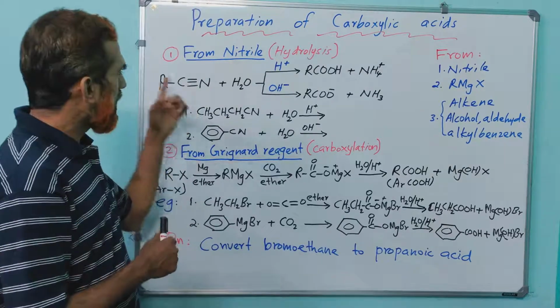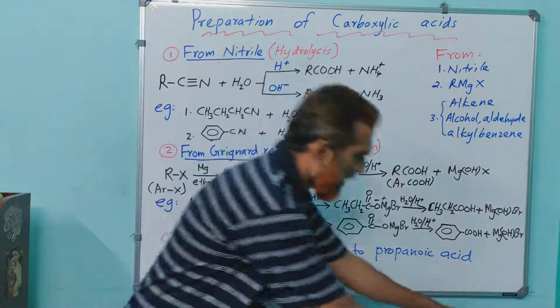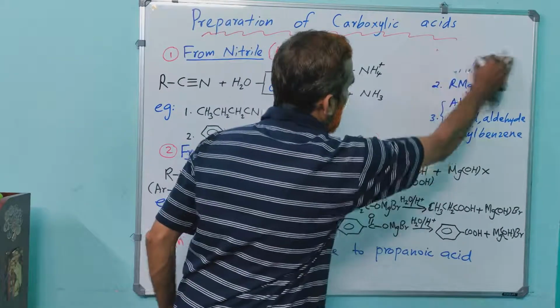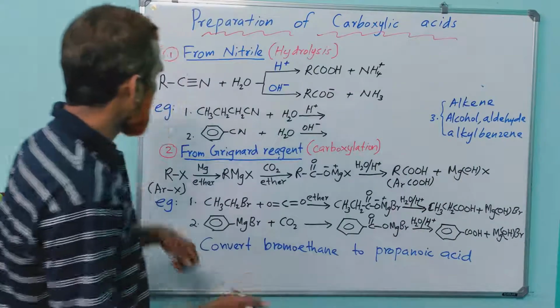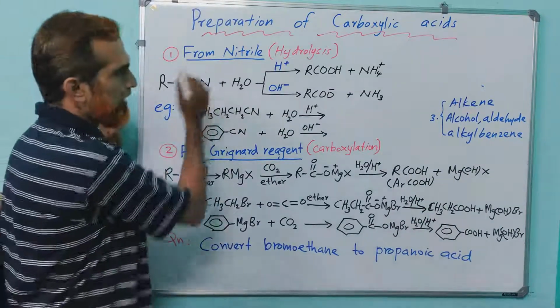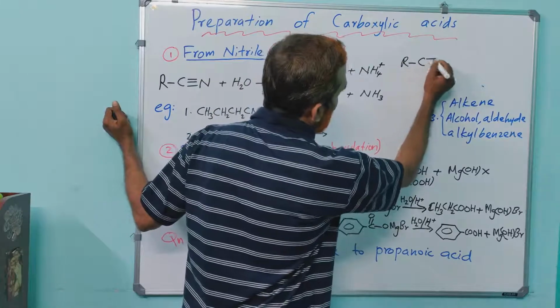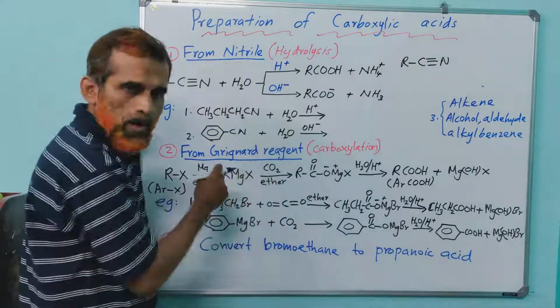However, this reaction can be simply understood in this way. See here, this cyanide or nitrile, there is a triple bond between carbon and nitrogen. We are adding water molecules.